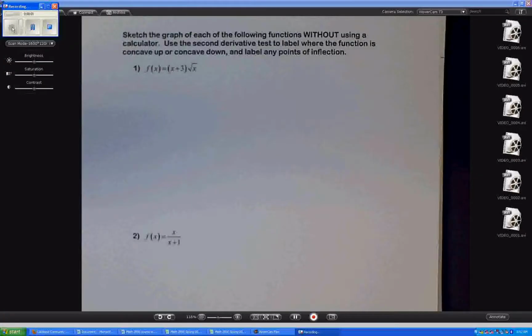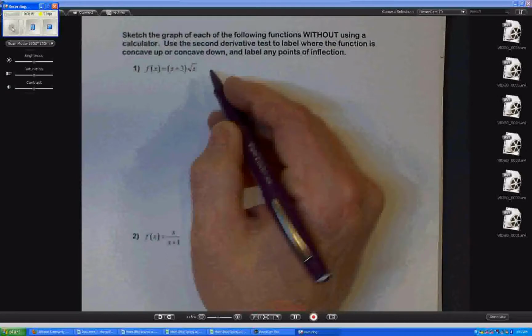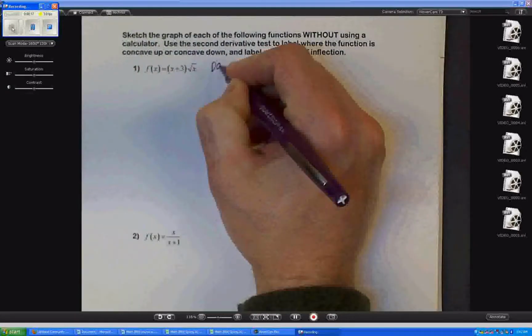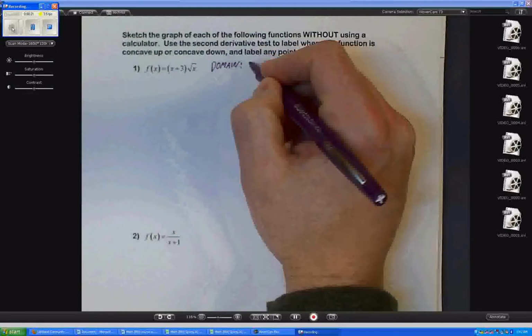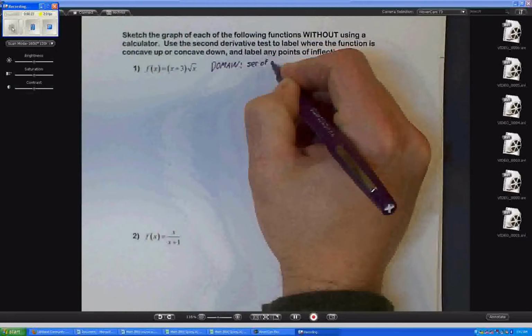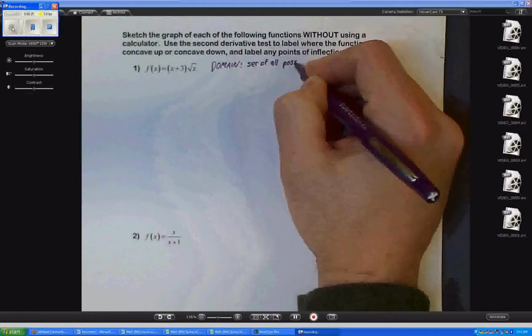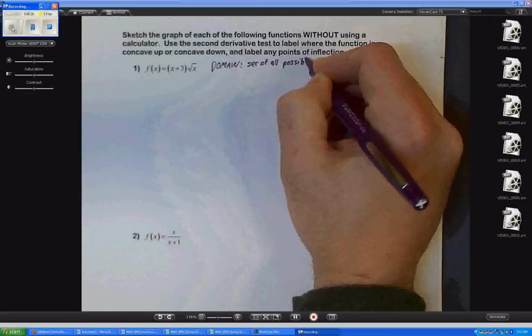The point that I'm trying to make on this group work is the idea of the domain of a function being important. You notice I didn't say anything about the domain of this function, but you guys know what that means, right? The set of all possible x. I like to say input because sometimes you have a function of t or a function of something else.